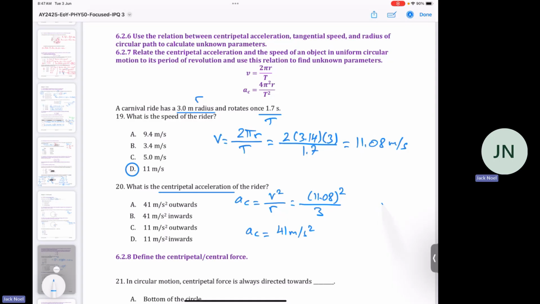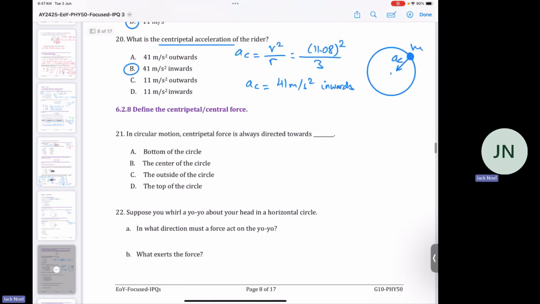We have to know that when we have a circular motion and the object is somewhere, let's say here, of mass m, and this is the center of the circle, the centripetal acceleration is directed towards the center of that circle, which means that this is inwards, not outwards. So it's inwards. B.